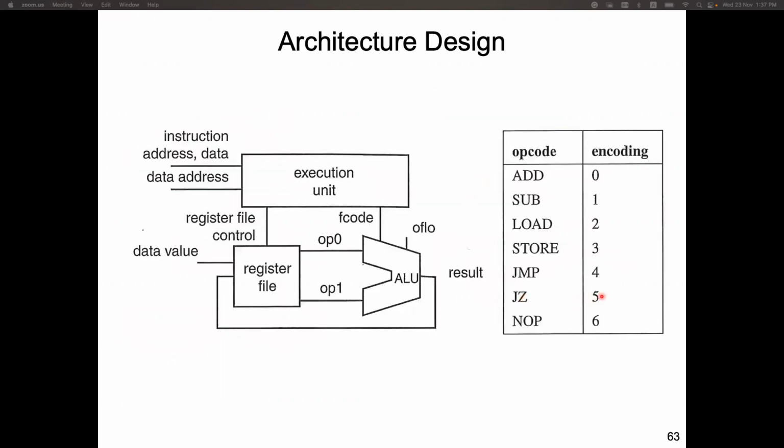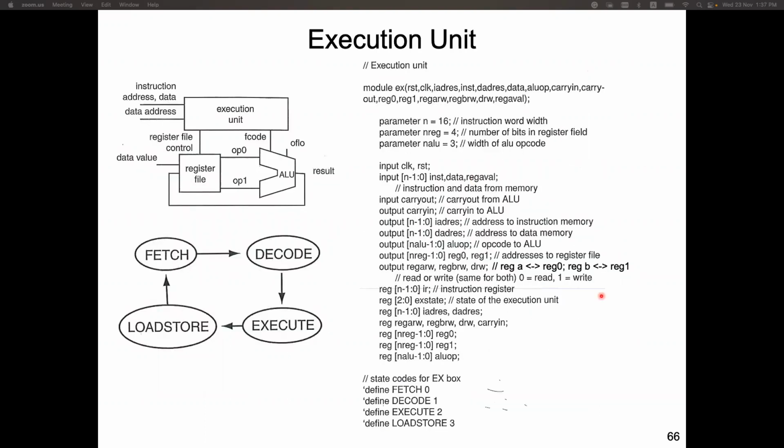Another input is the overflow, the output overflow of the ALU, or the carry out of the addition or subtraction operation from the ALU. So it's an input to the execution unit, as a single wire. And the output carry in produces the carry into the ALU, so it's an output port of the execution unit.